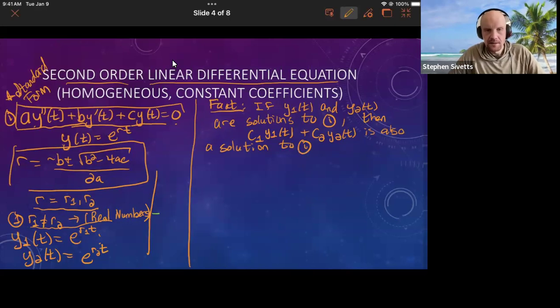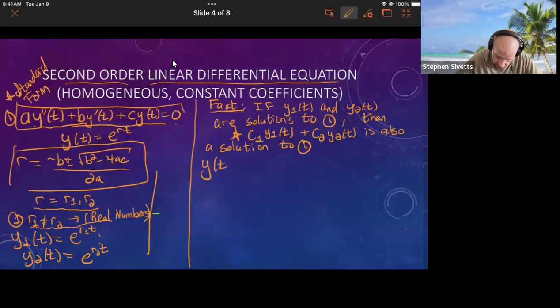So in the case where you have two distinct real numbers, the general solution would look like this: C1 times y1 of t plus C2 times y2 of t.